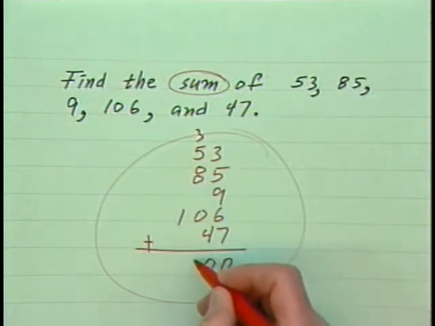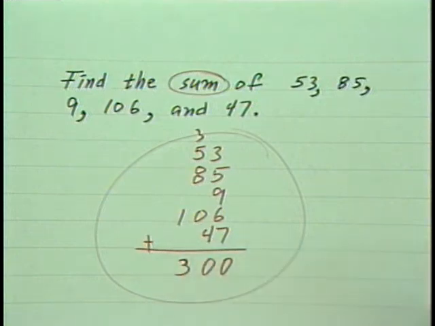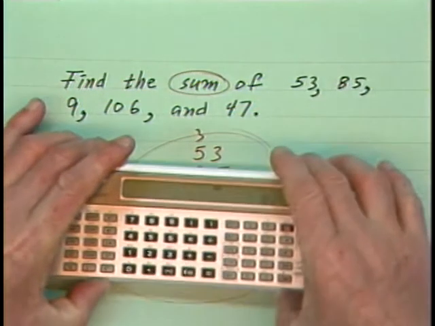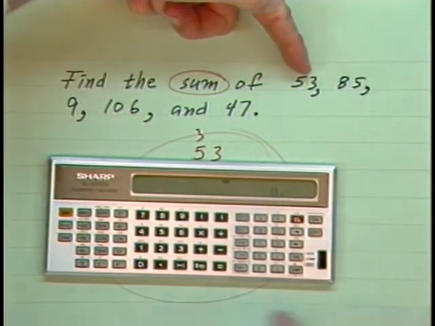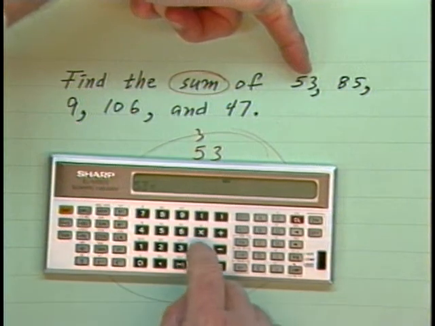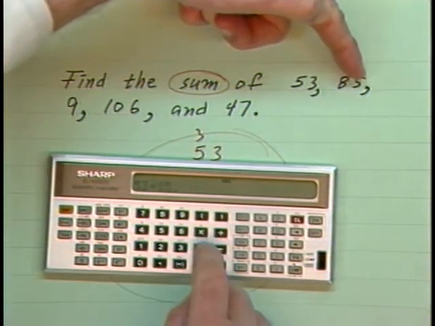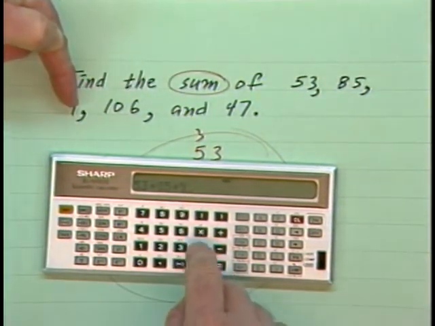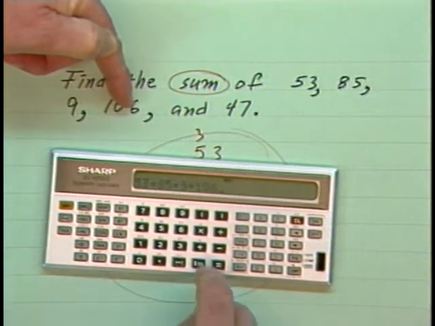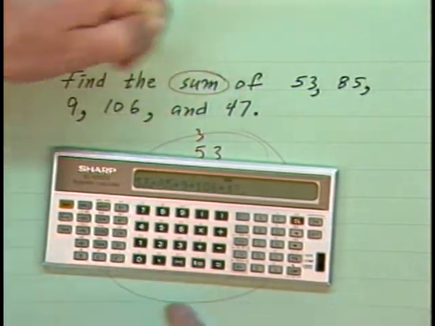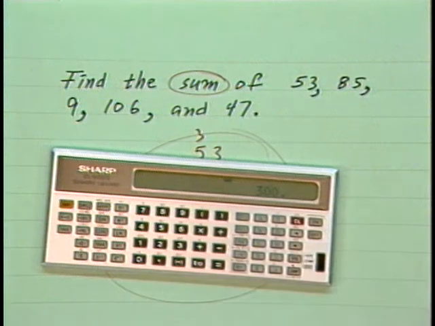Carry the 2. 3. 300. Now I went through that rather rapidly, so let's see if it checks on a calculator. So 53 added to 2, 85 added to 2, 9 added to 2, 106 added to 2, 47 equals 300.